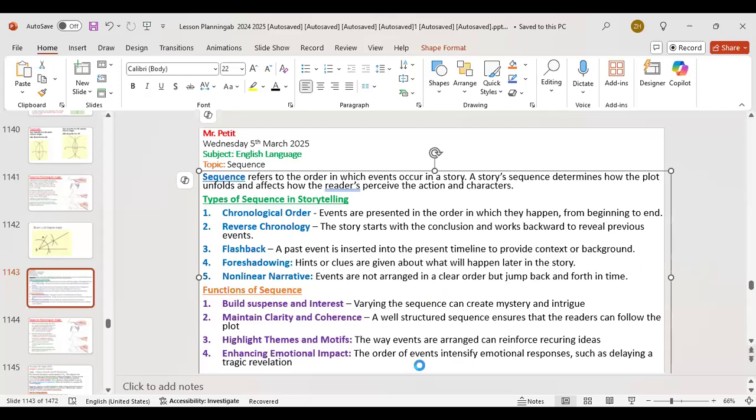Very good. What are some of the functions of sequence? Build suspense and interest, maintain clarity and coherence, highlight themes and motifs, enhancing emotional impact. Very good.